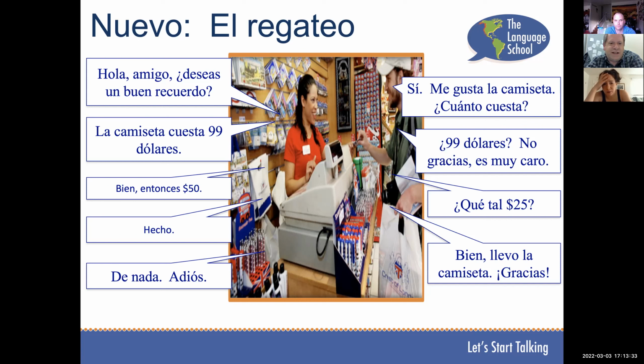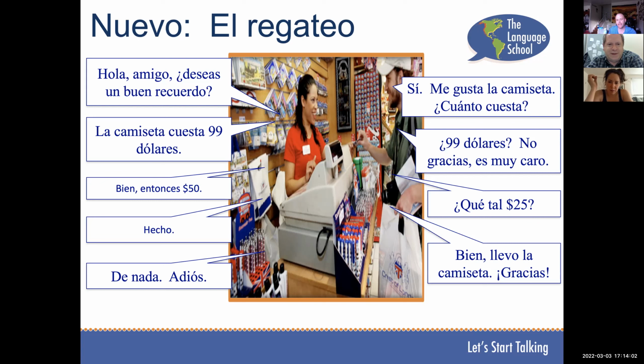Bien, entonces, si $50. ¿Qué tal $25? Hecho.